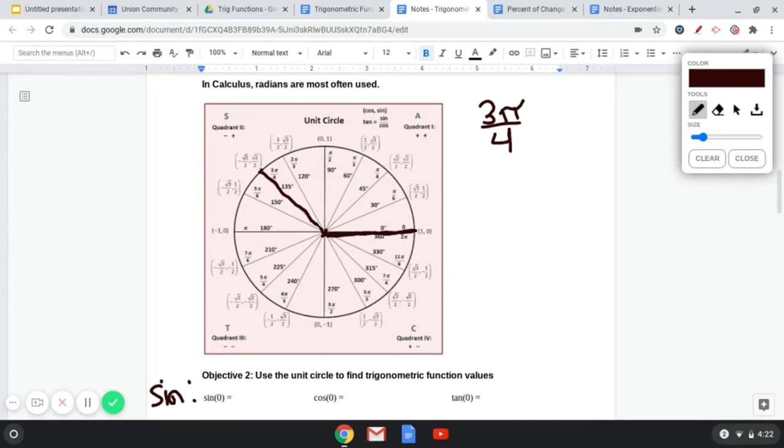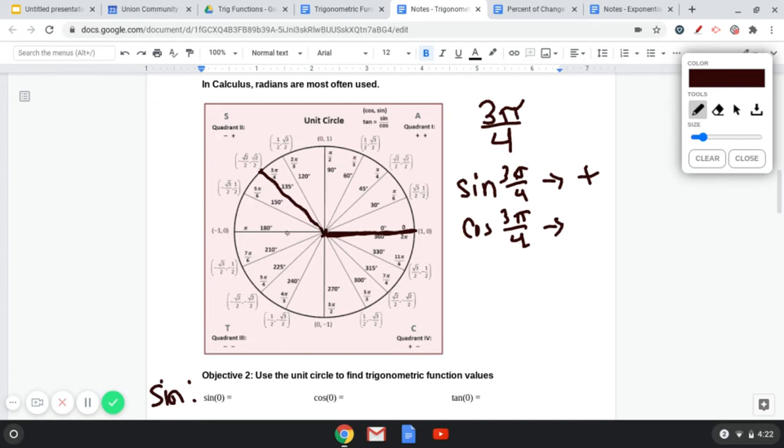Alrighty. So 3 pi over 4. The sine is that y value. So sine of 3 pi over 4 is positive because we're still above this x-axis. How about cosine? The cosine of 3 pi over 4, this is the x value.